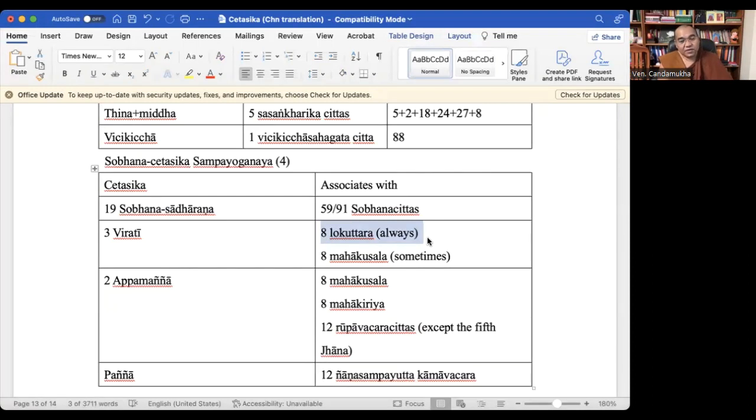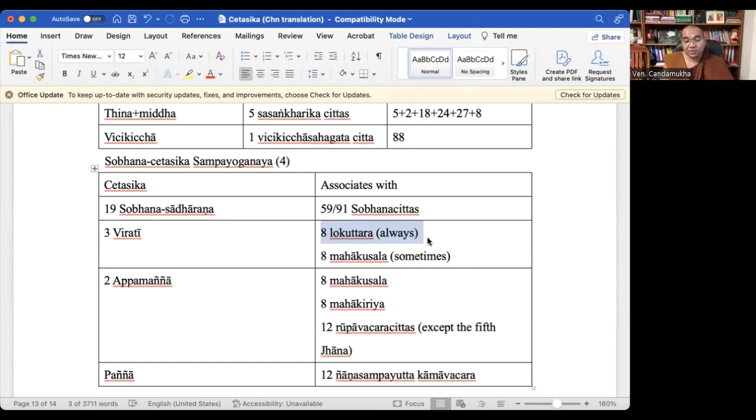But when the 8 Mahakusala Citta arise, they sometimes associate and sometimes do not.